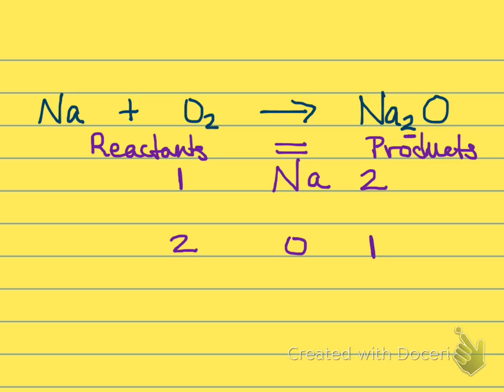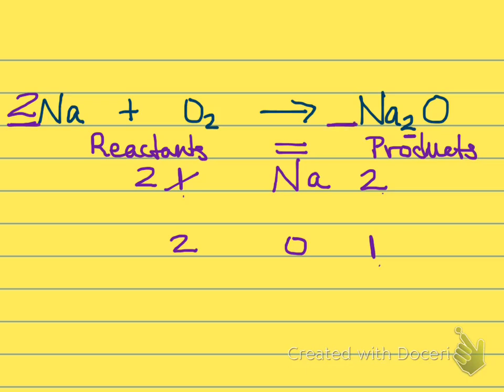So let's think about what, and it doesn't matter what order you do these in. So let's just start. I wrote sodium down first. So I have 2 sodium over here, only 1 over here. So what coefficient can I put here to give me 2 sodiums? If I put a 2 here, I now have 2 sodium, correct? Okay. Now I have 2 oxygen in my reactants, only 1 oxygen in my product.